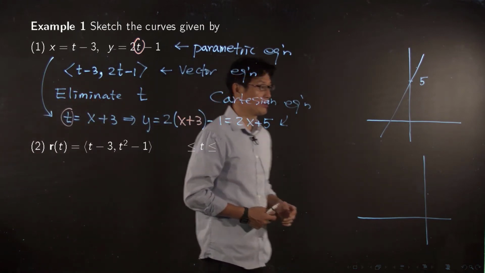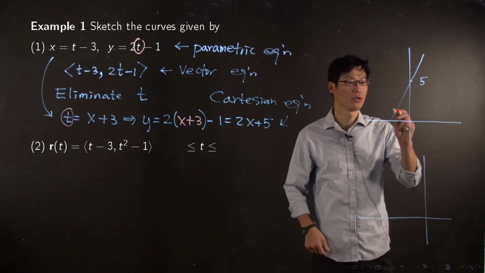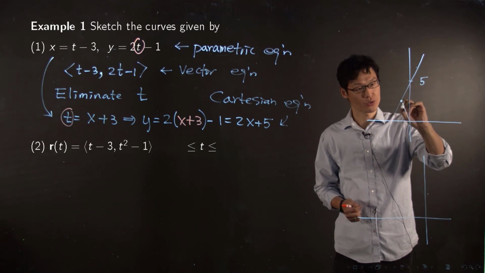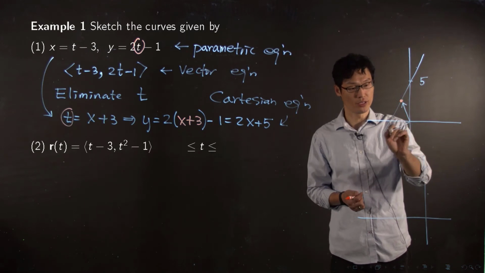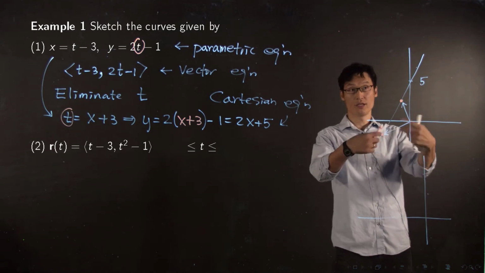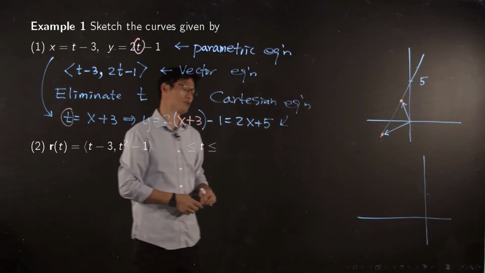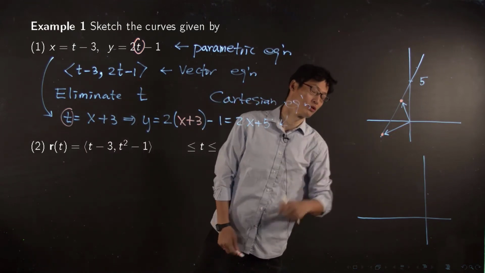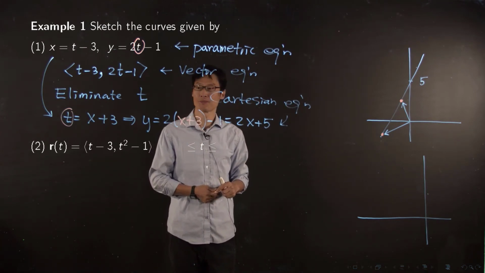Remember, when we use a vector equation, we are collecting all the terminal points of vectors. So we are thinking of infinitely many vectors like this, and then we are collecting the terminal points of those to represent this curve, assuming the origin is the initial point of all such vectors.